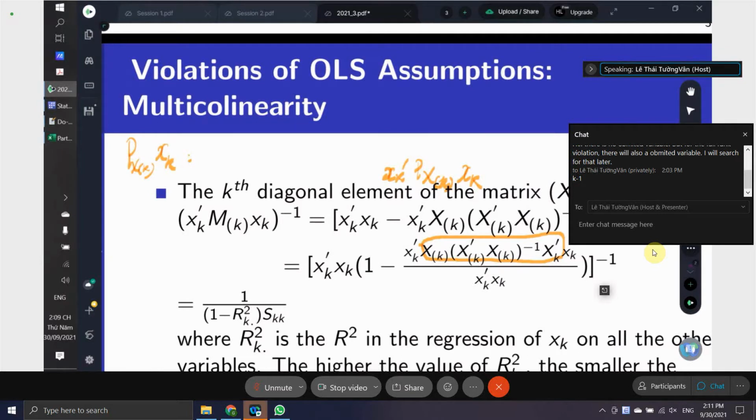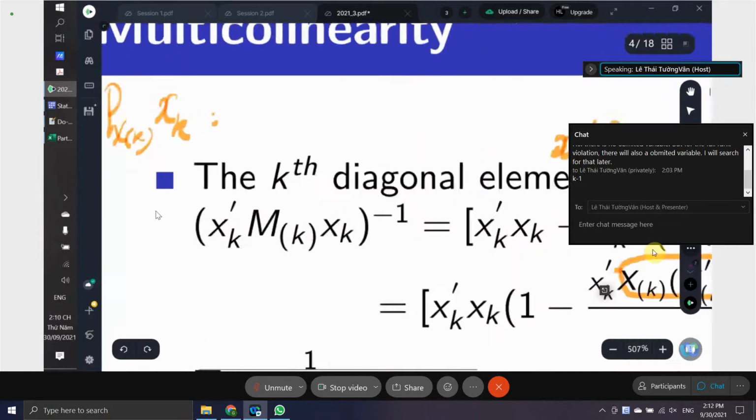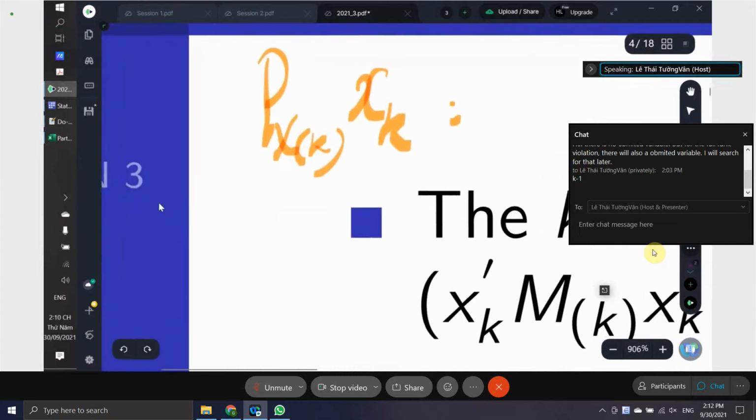I think it's K. Hey, you think it is? It's K. Is it K? What? What is it? Oh, sorry, I can't hear you clearly. Okay, now my question to you is, what is the quantity p xk times xk as I have written on the screen?